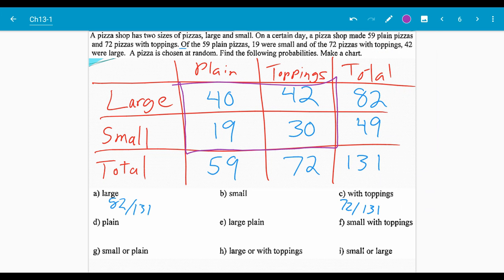But on this table, inside that purple box that I just drew, you have every one of those 131 pizzas falling into one of those four quadrants. Okay. The other numbers are all totals. So inside that box, you have every one of the 131 pizzas. So a large plain pizza, just match it up, row and column, 40 of the 131 pizzas.